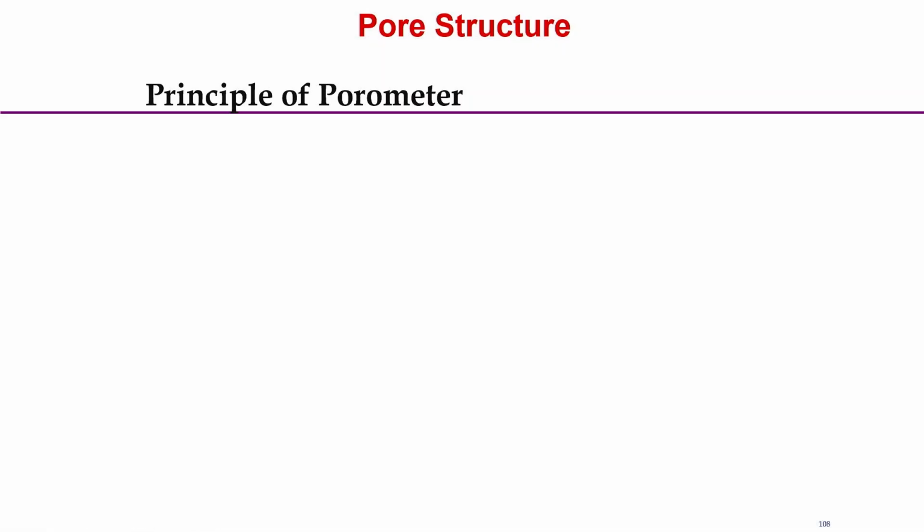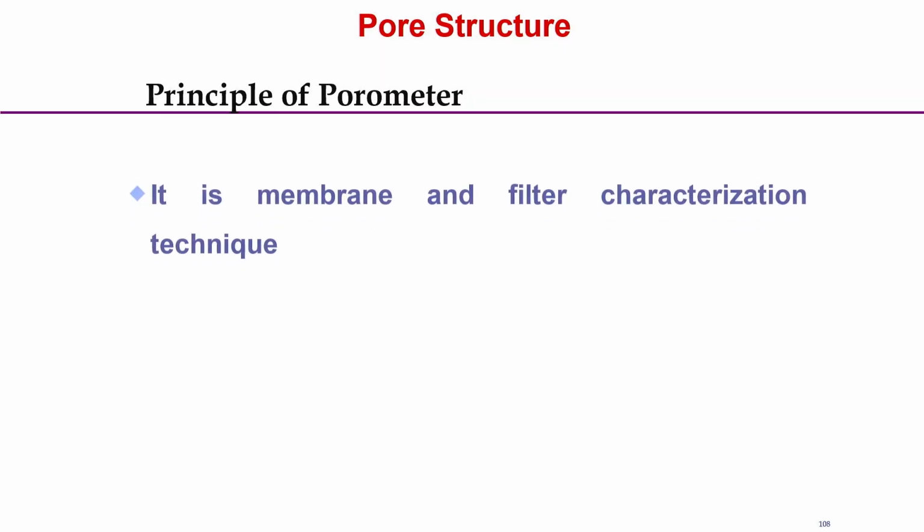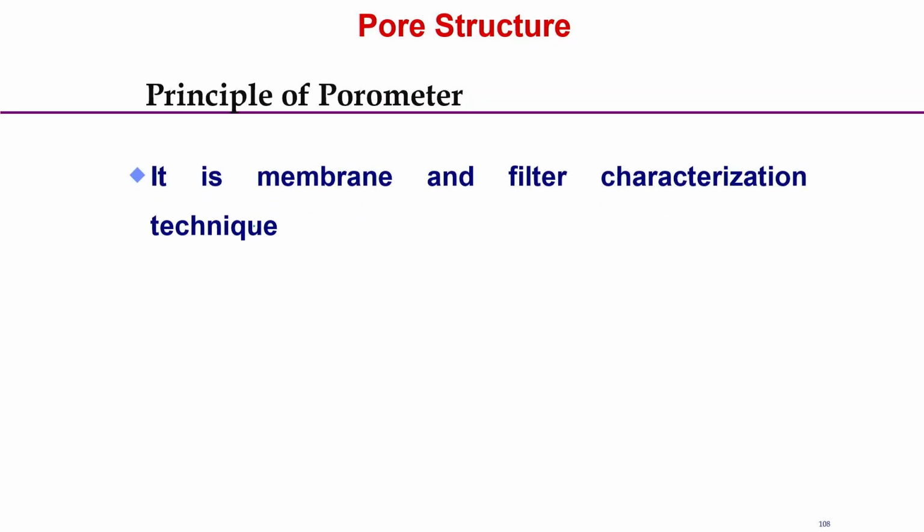Now, the pore structure is measured by the porometer. The porometer is the instrument which is used to measure the pore structure. There are different types of porometers. It is a membrane and filter characterization technique.